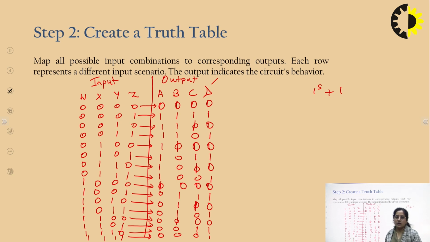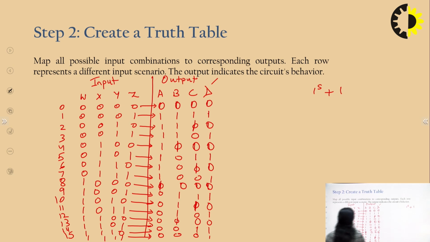So from this truth table if I number it as min terms, these are 0, 1, 2, 3, and like these are the min terms 4, 5, 6, 7, 8, 9, 10, 11, 12, 13, 14 and 15. Column wise I will check for A what are the min terms available. So in case of A I can find the min terms for which the A output is high. So it's from 1 to 8.